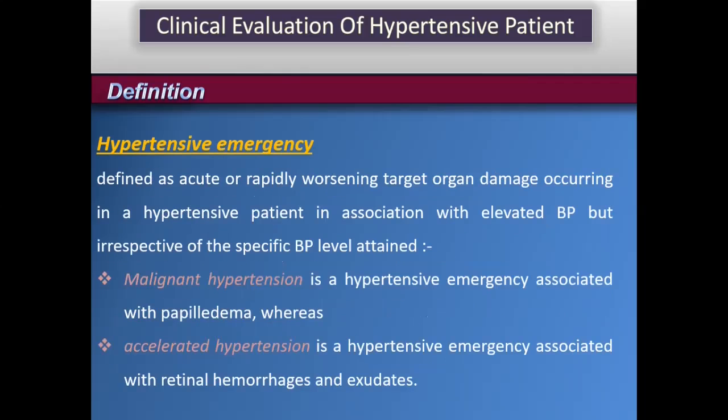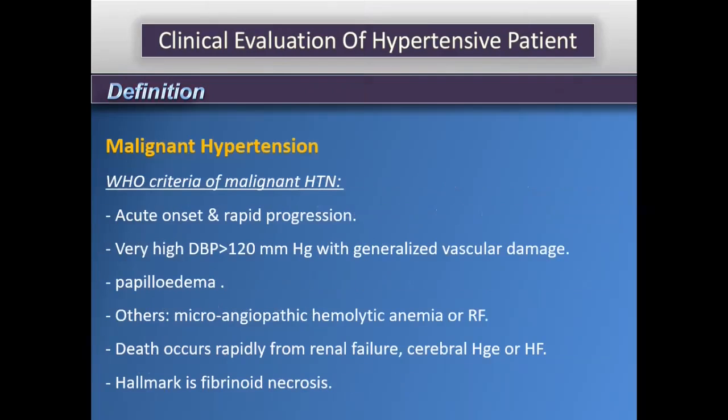Now we will come to hypertensive emergency. It is defined as acute or rapidly deteriorating target organ damage occurring in a hypertensive patient in association with elevated blood pressure. We can classify them into malignant hypertension with papilledema and accelerated hypertension with hemorrhage and exudates. What are the WHO criteria of malignant hypertension?